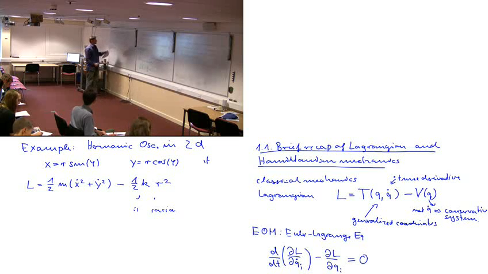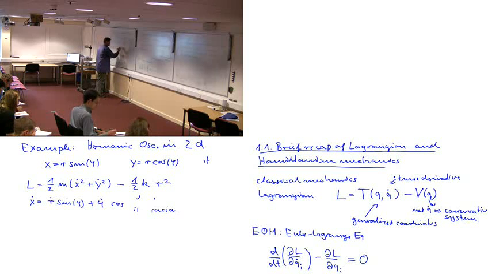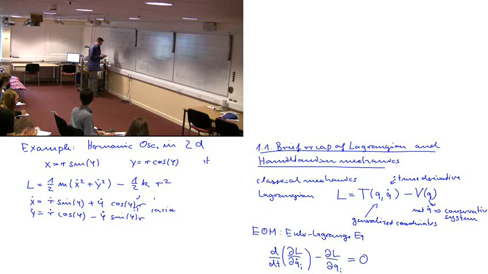Now we would like to re-express that kinetic energy in terms of our generalized coordinates. So we simply say x dot is equal to r dot sine phi plus phi dot cosine phi times r, and y dot similarly. Okay. Now, I'll save you the tedious calculation of adding these two together, but you see that the result is actually quite simple.